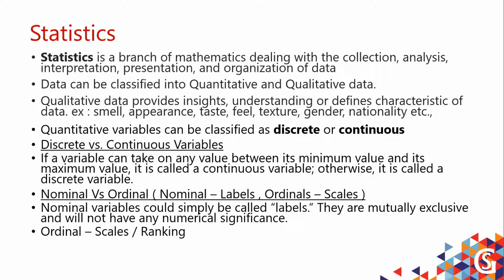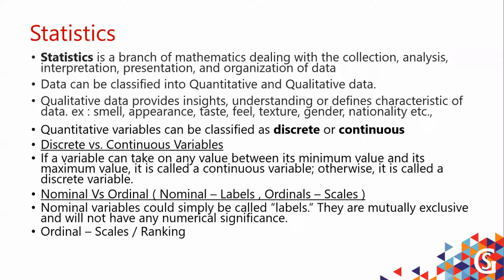For the quantitative variables, we again have it classified as discrete or continuous. The discrete is something which can take any integer number within its minimum and the maximum value. For example, I can give an example of a parking lot. A parking lot can accommodate 100 cars.